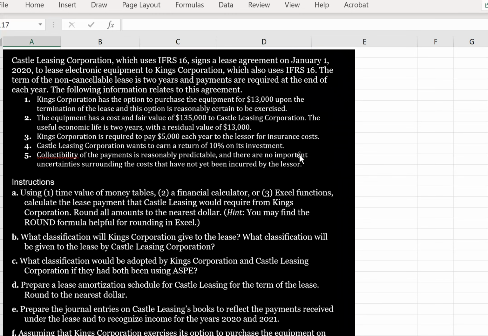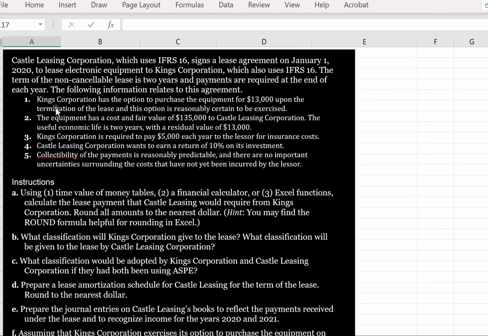So the most important thing about this question is the fact that we signed a lease agreement on January 1st, 2020, but rather than the lease payments being due on January 1st, 2020, as we've seen in most of the other questions, we're specifically told that the payments are required at the end of the year. And so what that required is for us to do our present value or all of our financial calculator questions without begin mode on, because the payments are not due at the beginning of the year. They're required at the end of the year.